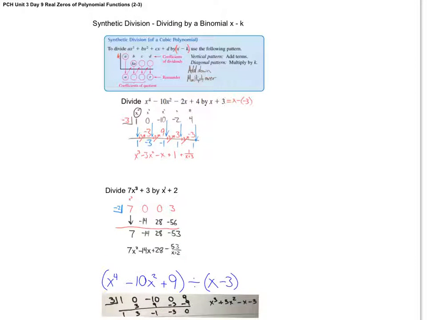Now, I want to take this one step further. Let's say we had a division problem that was a little bit different than what we've dealt with already.